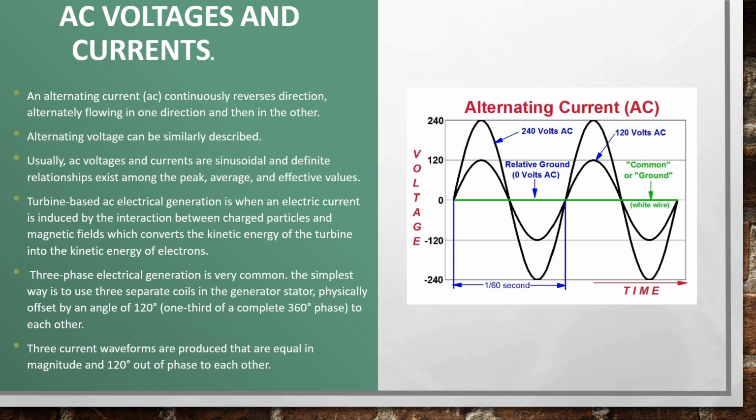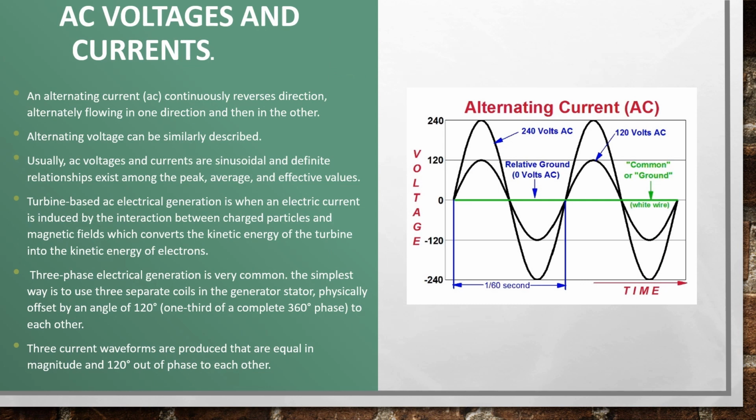Turbine-based AC electrical generation is when an electric current is induced by the interaction between charged particles and magnetic fields, which converts the kinetic energy of the turbine into the kinetic energy of electrons. Three-phase electrical generation is very common.